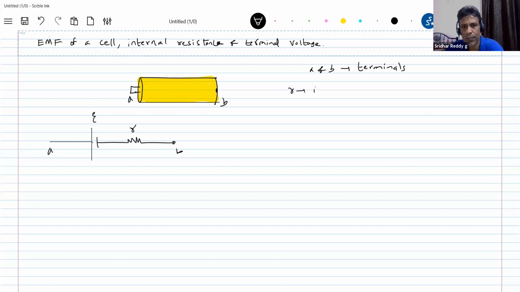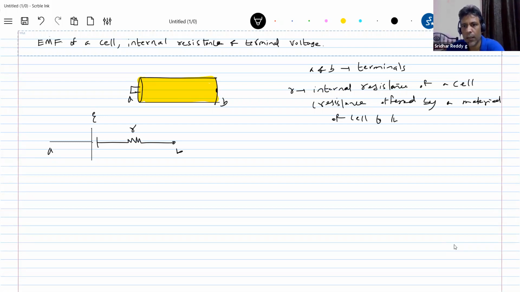So what is the internal resistance of a cell? It is the resistance offered by the material of the cell to the flow of charge, and it is called internal resistance.